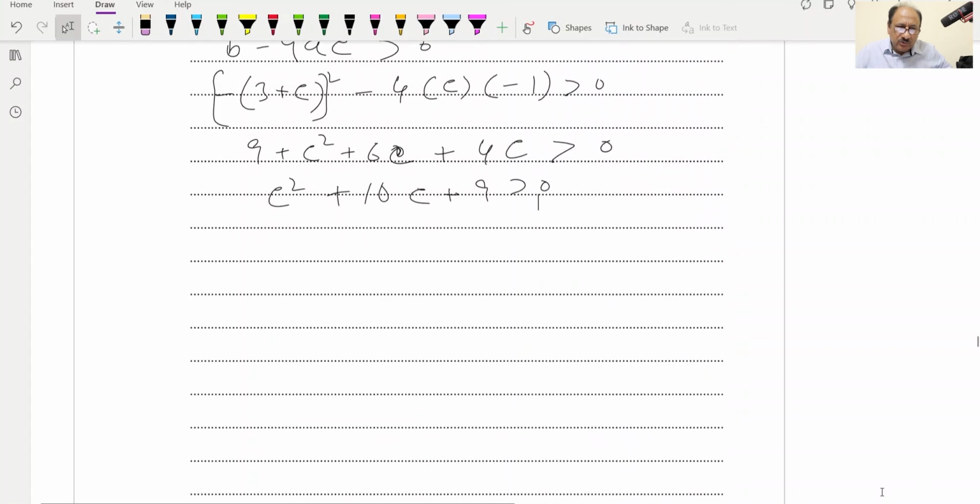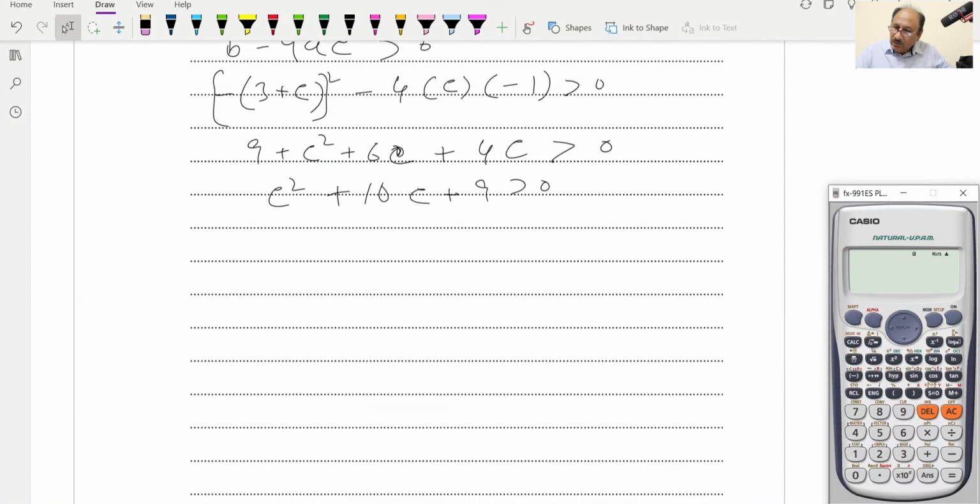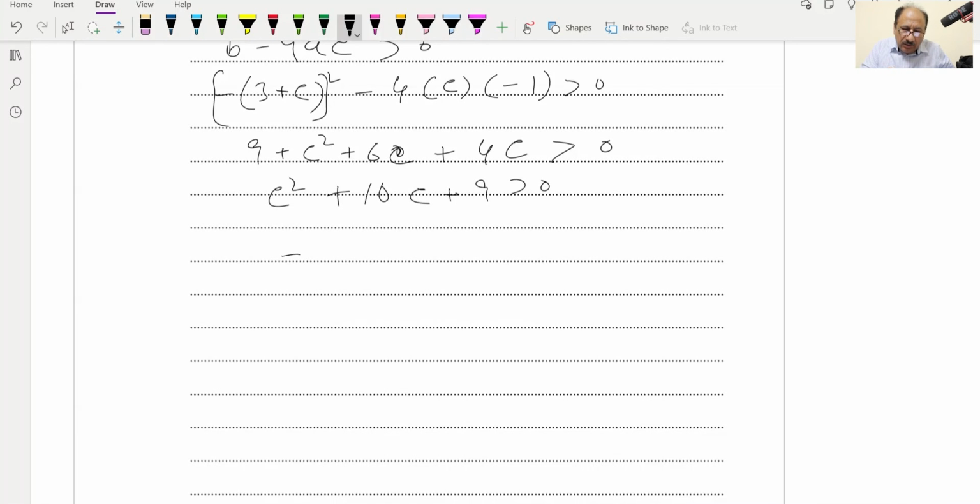And for this one we can find the solutions, so 1, 10 and 9, so solutions will be minus 1 and minus 9, two solutions. And we will check for the quadratic graph, so we can draw the quadratic graph like this one.